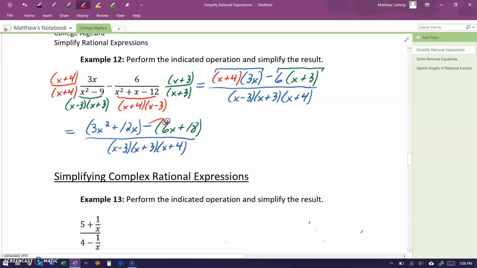And then again, we'll take that negative and distribute through to get 3x squared plus 12x minus 6x minus 18, all over that common denominator.